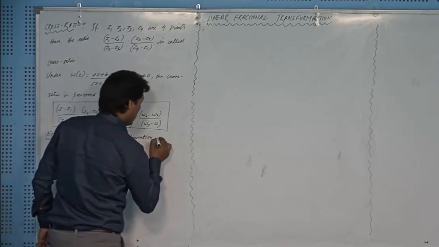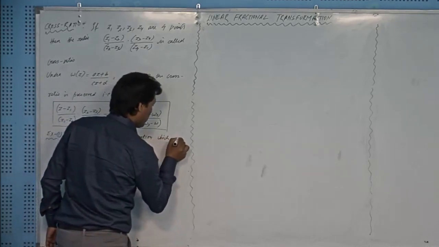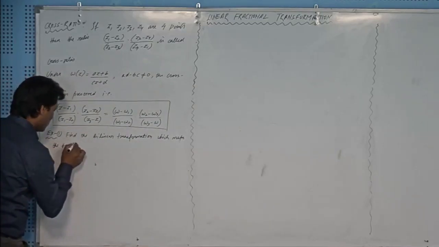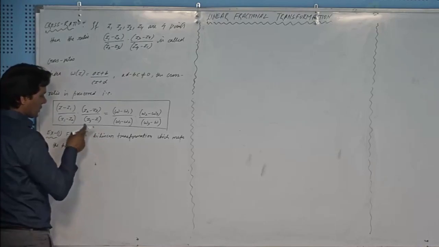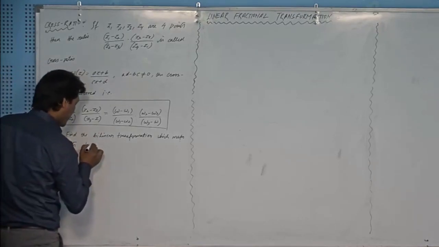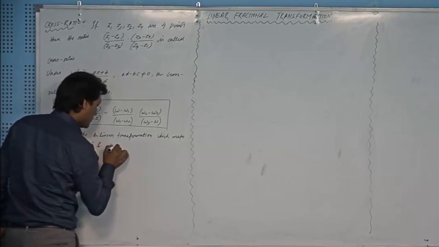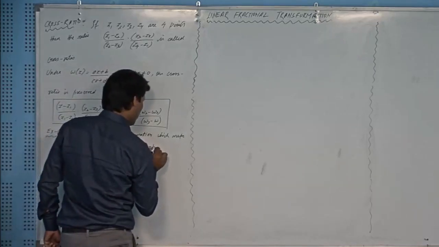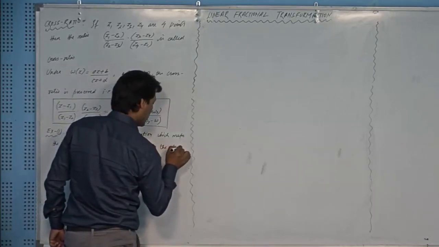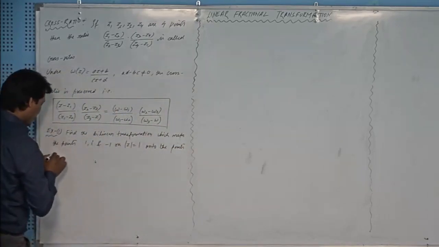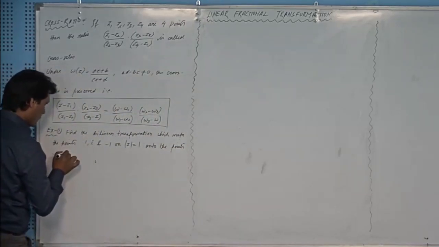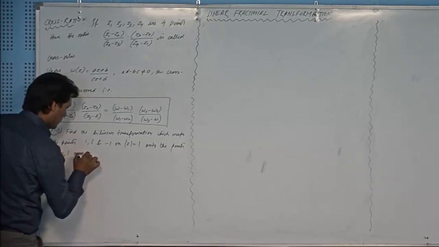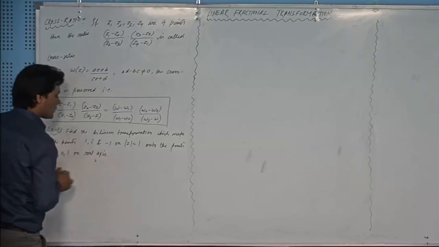And the bilinear transformation which maps the points 1, iota and -1 on the unit circle |z| equal to 1 onto the points -1, 0, 1 on the real axis.